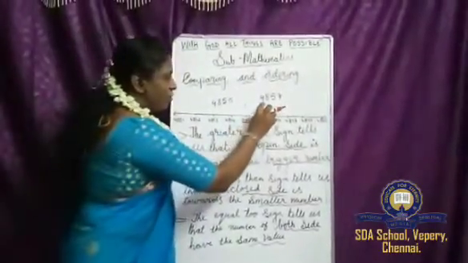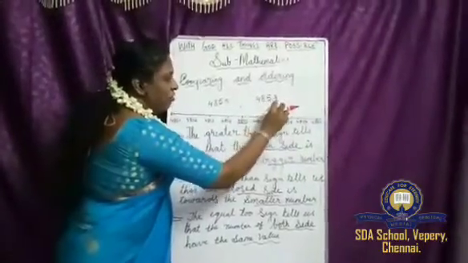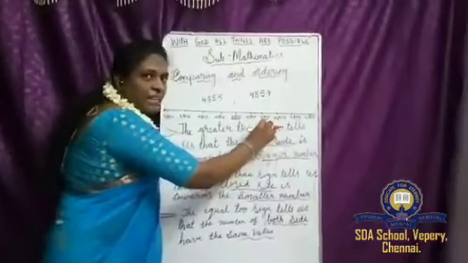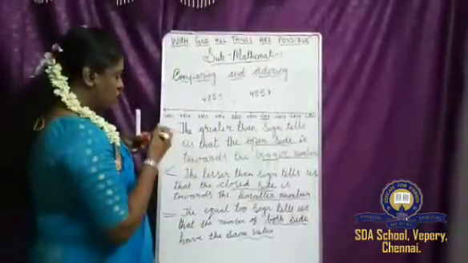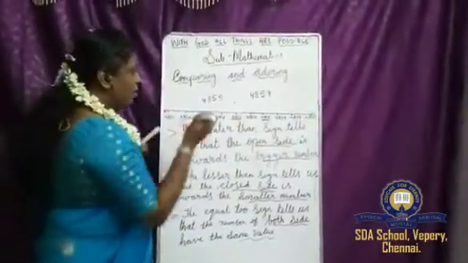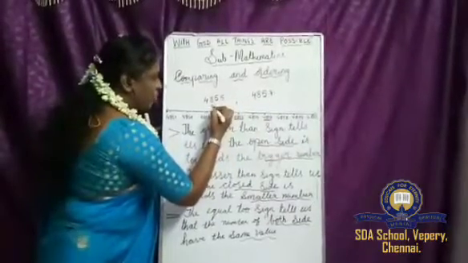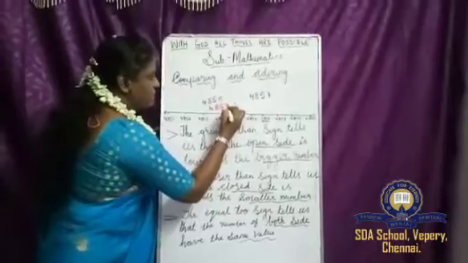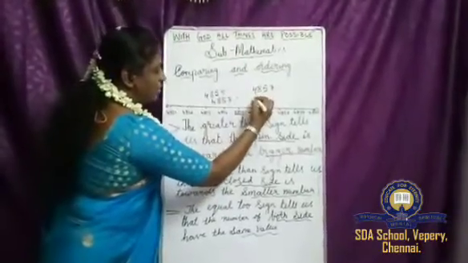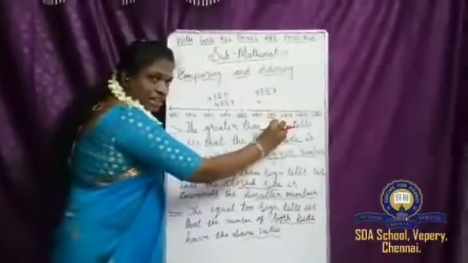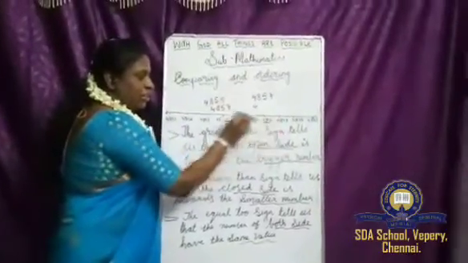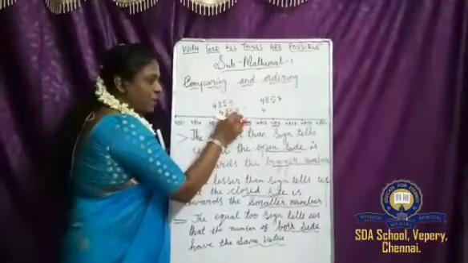Then 4,857 you are getting later. So the number which comes later is bigger. So 4,857 will come first and then this number. This is the biggest number.